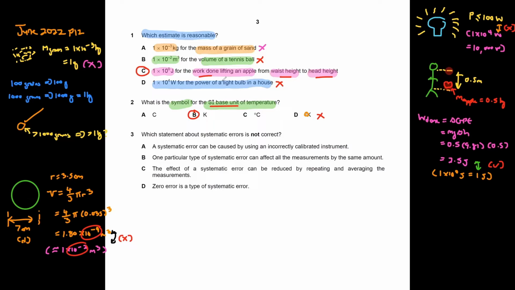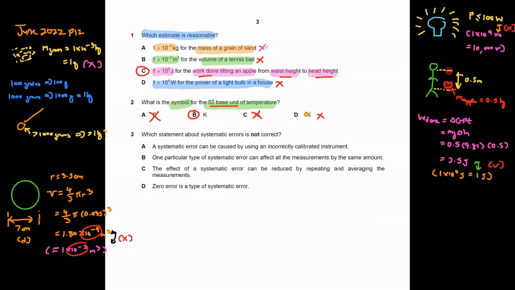When you want to quote your temperature in Kelvin, it's just Kelvin. It's not degree Kelvin, okay? So that's why D here is out. And needless to say, if you're trying to state your temperature in degrees Celsius, this would also be wrong. Those aren't SI base units. SI base unit, strictly speaking, is just Kelvin.